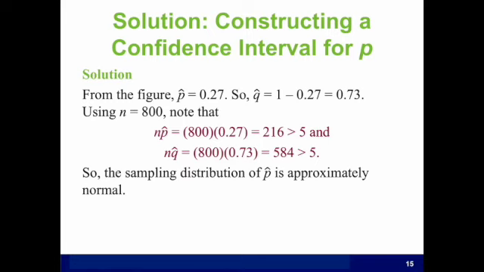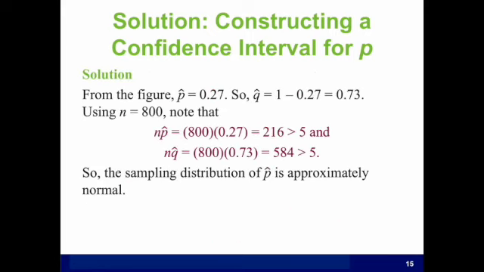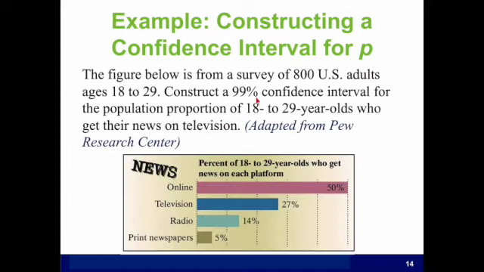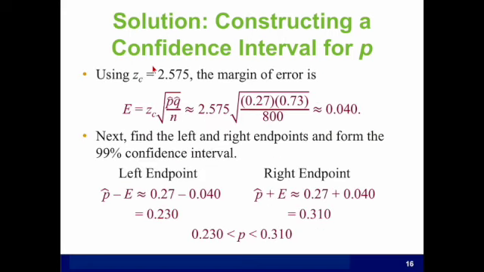Once we know that, we can calculate the margin of error. To calculate the margin of error, we need the critical value, and we are going to find this critical value for 99% confidence. So we go to the standard normal table and we find this value. And then we just plug those values into the formula.